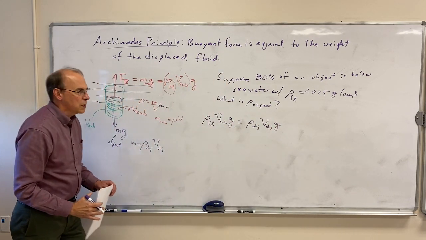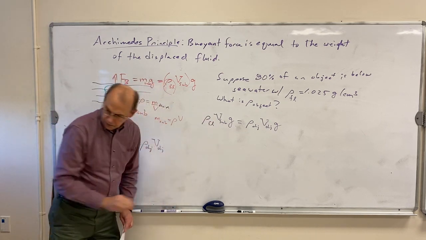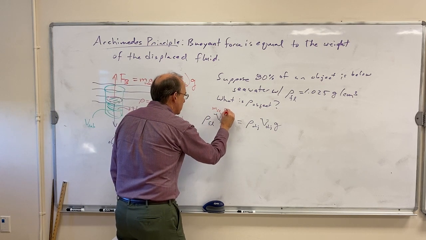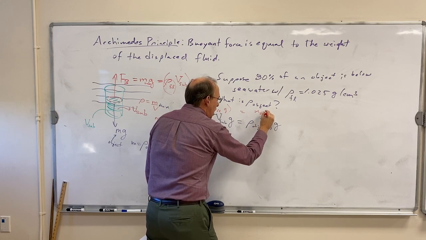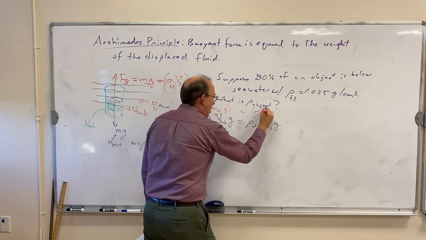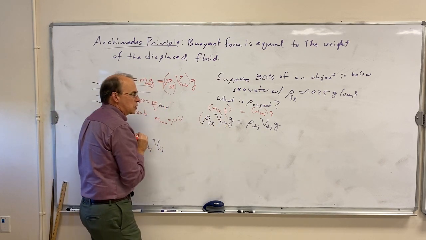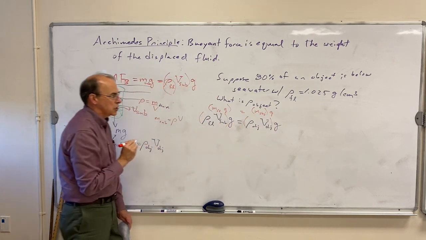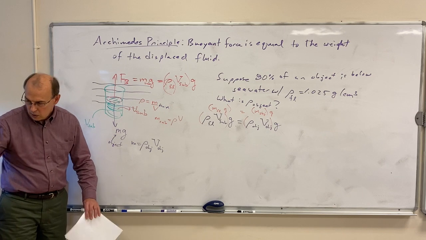You may have to spend a few minutes convincing yourself of this, but this is just m of the fluid, g, has to equal m of the object, g. That's all this statement is. But this is m of the fluid that got pushed aside. That's Archimedes' principle. And this is m of the object. Just mg equals mg for the thing to float.